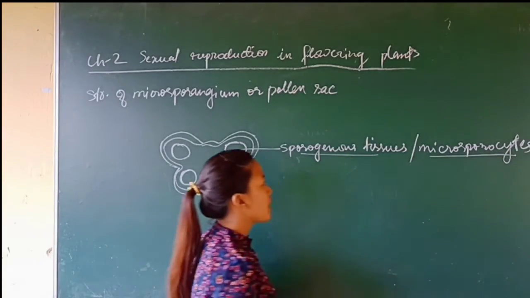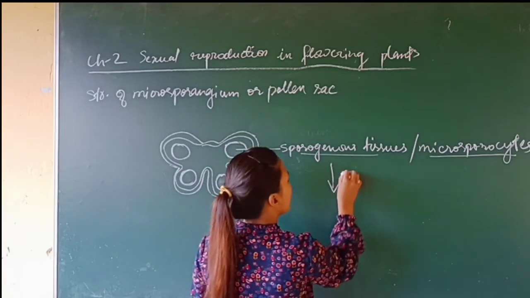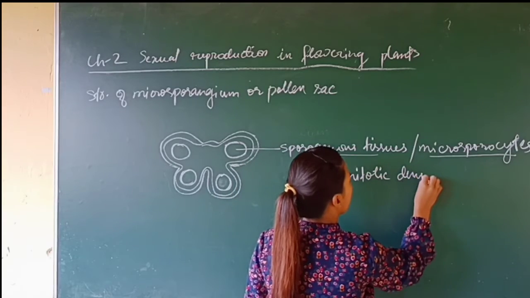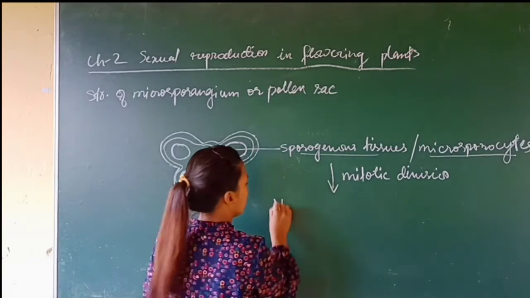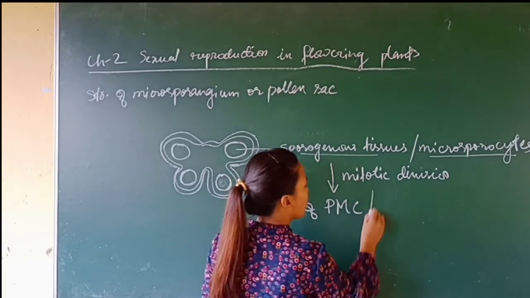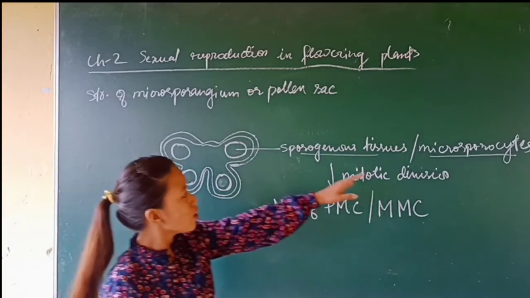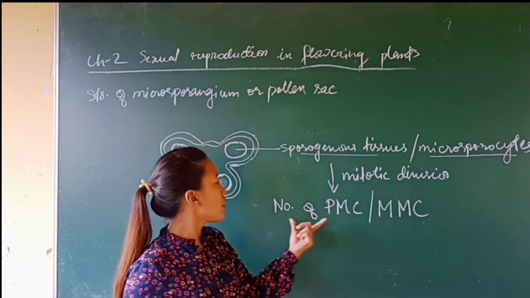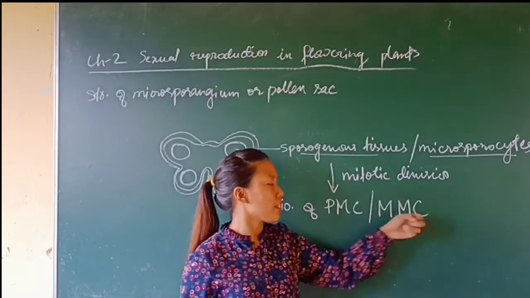These microsporocytes undergo mitotic division and produce a number of pollen mother cells or microspore mother cells.